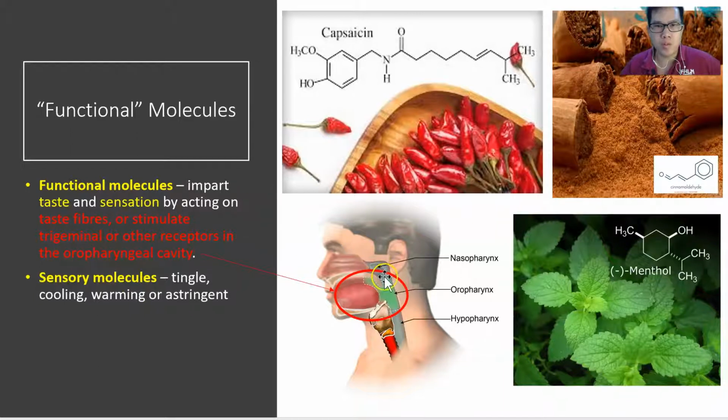They react with the trigeminal nerves at this region, the oral cavity. When they react with this area, they give you the sensation. For example, capsaicin will react and give you the heat and the pain. Cinnamaldehyde gives you the heat, and menthol gives you the cooling sensation.